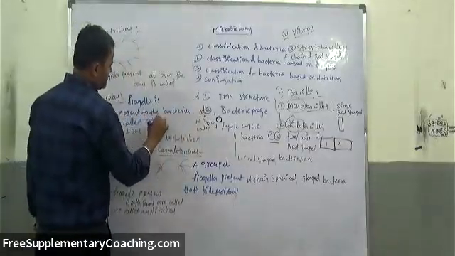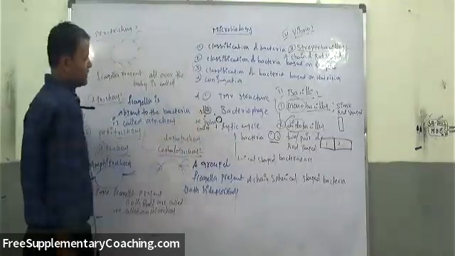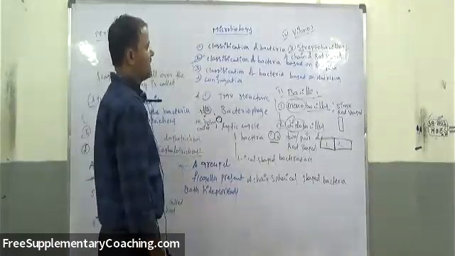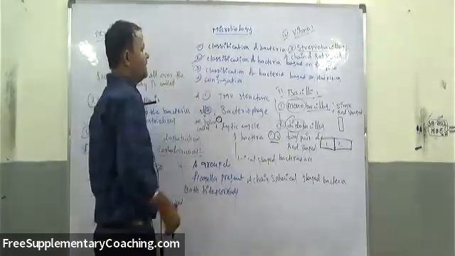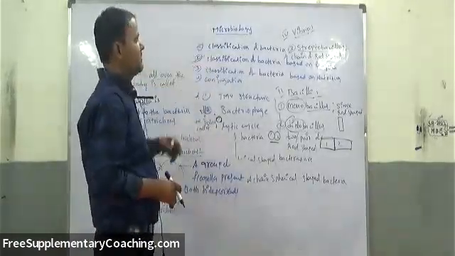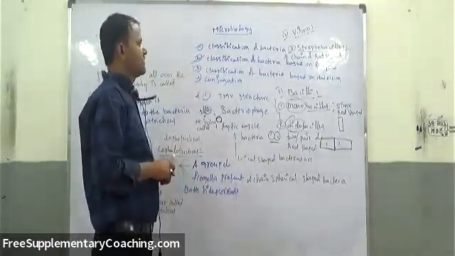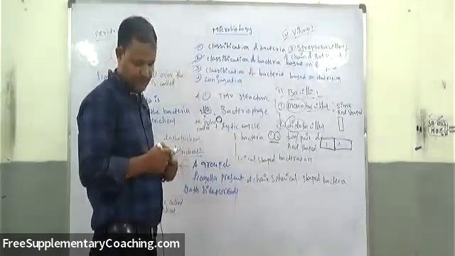Atrichous. Okay. These are the classification of bacteria based on flagella, and this is already completed. Classification of bacteria by morphology. Then the next one, classification of bacteria based on nutrition.